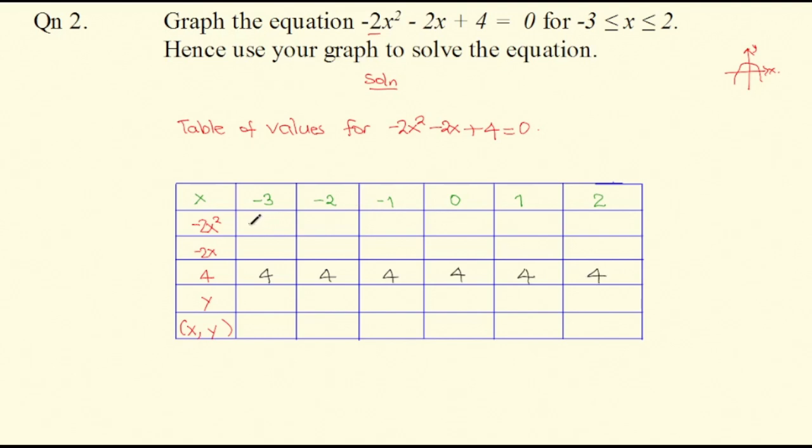Now in our first column, we can fill in using x values replaced by the corresponding values for x in each of these columns.